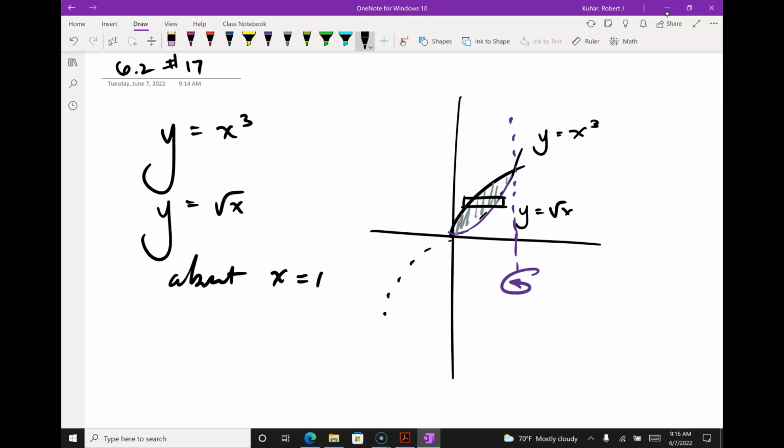So I already know I'm doing my volume in terms of dy, right? Because that piece of the rectangle is a delta y. You can see that rectangle piece there as my delta y.